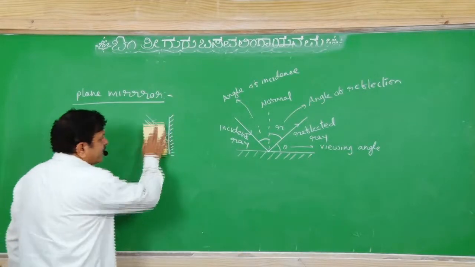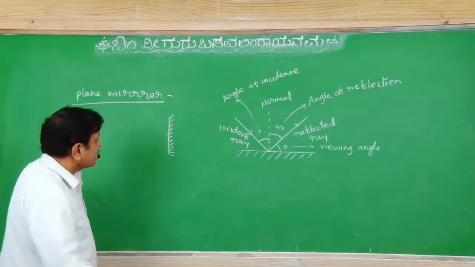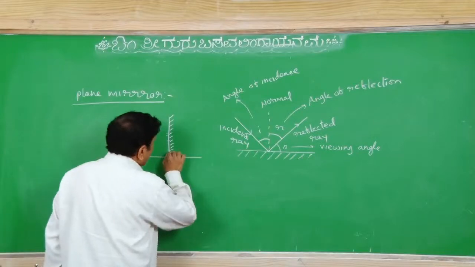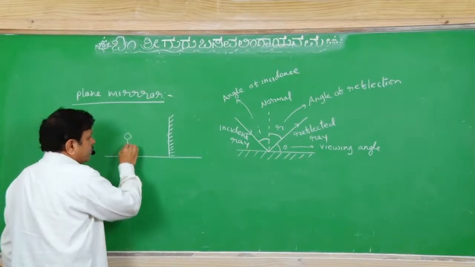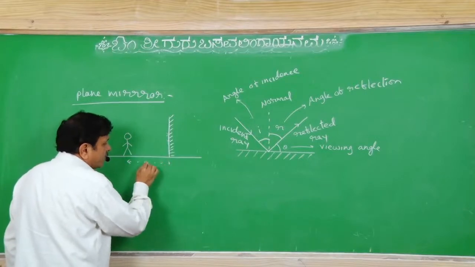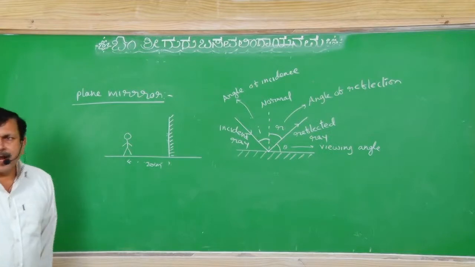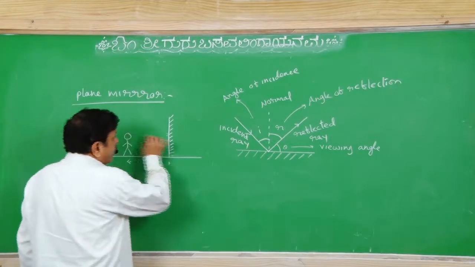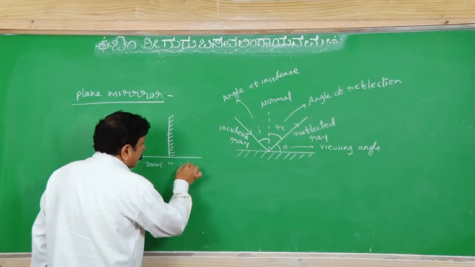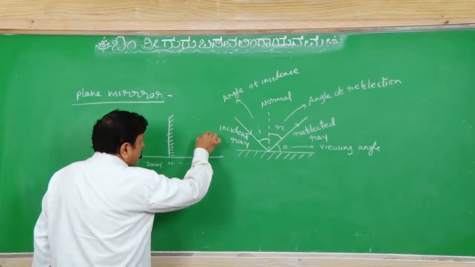Now, some basic things about the plane mirror. Suppose we are standing in front of it at a distance of 20 centimeters. Then we will find that our image will be seen at the same distance behind the mirror.